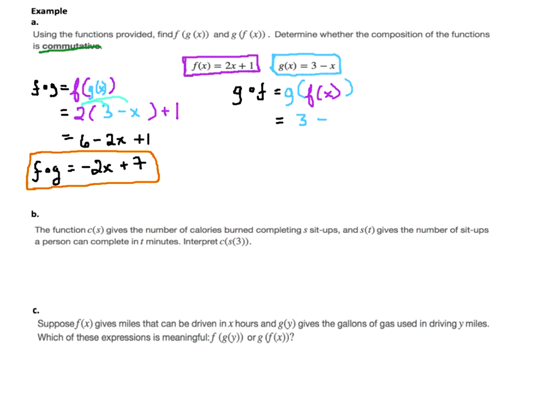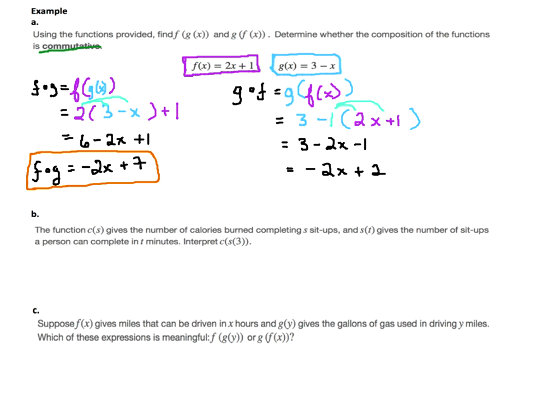So 3 minus something. And the something that I plug in is 2x plus 1. Okay, so I'll just point out that there is an understood negative 1 that's going to get distributed to those two terms. And when I do so, I have 3 minus 2x minus 1, and that leaves me with negative 2x plus 2.